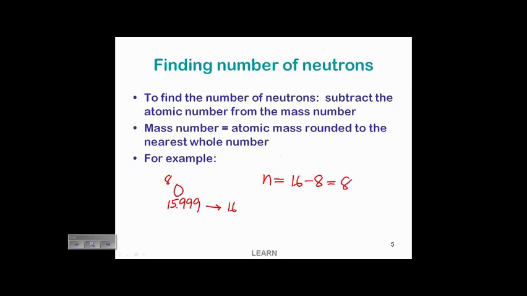So this mass number, the rounded off atomic mass, tells us the sum of all the protons and the neutrons found in that element.